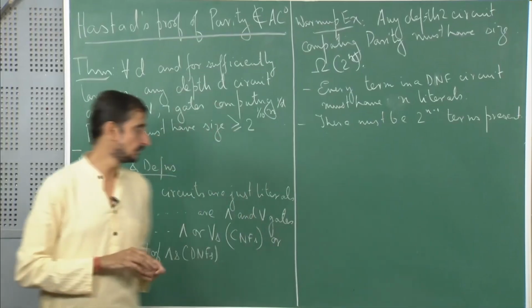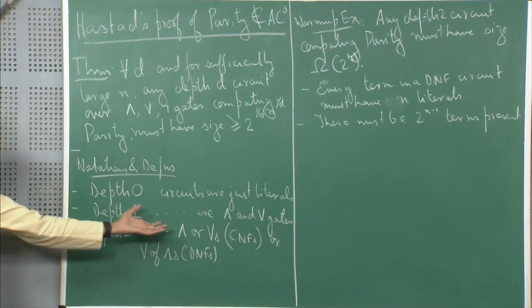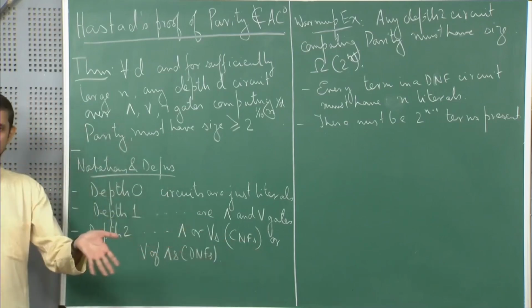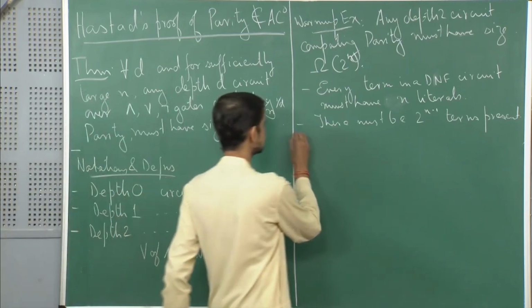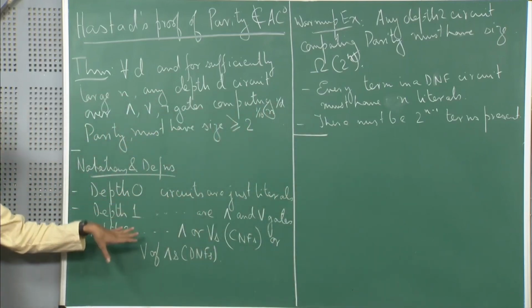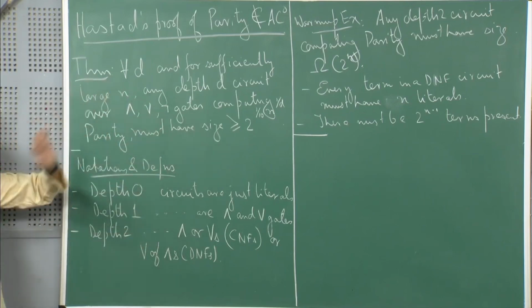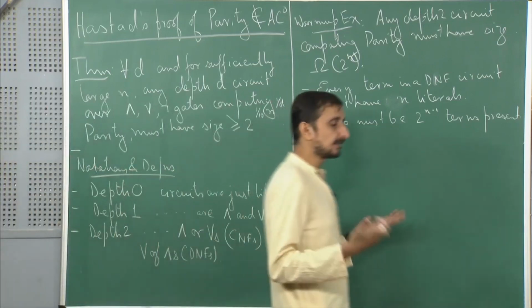And the proof for CNF is just symmetrical. I can apply De Morgan's theorem, and instead of parity I compute the parity complement, and the proof is the same. So this is an easy way of showing that a depth 2 circuit computing parity must have exponential size, and if you go to depth 3, things get complicated.